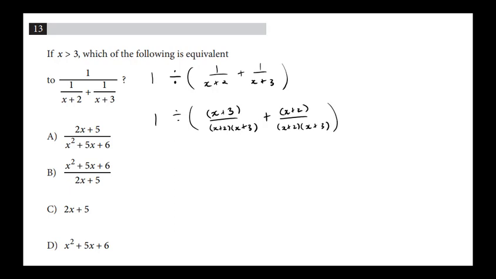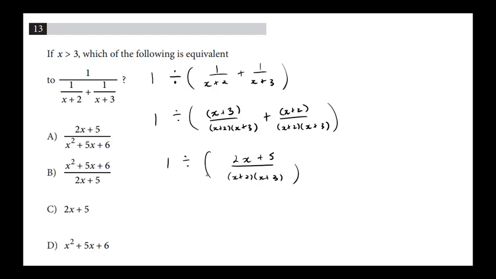Okay, so that's 1 divided by, now I can combine the numerators because I have a common denominator. So that's x plus 3 plus x plus 2, which is 2x plus 5 over x plus 2 times x plus 3.